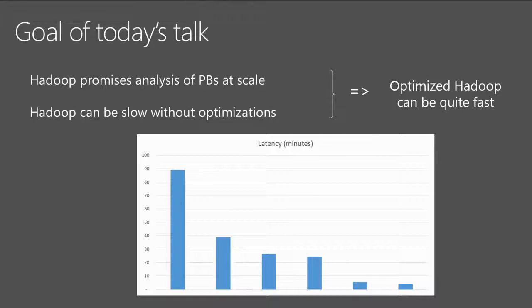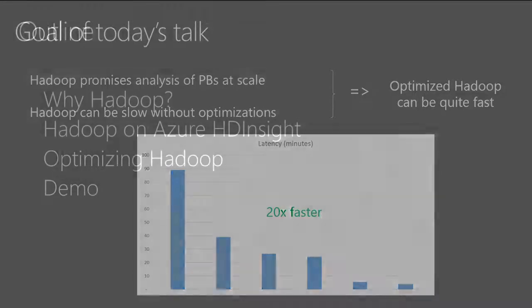By the way, I'll explain the query I used, but the data set I've used is 1 terabyte. So all these numbers are really big data. It's 1 terabyte of data. I could have used more, but for this session, I felt like that's a good segue. So essentially, for this particular query, we made Hadoop 20 times faster. And that's what I'm going to talk about.